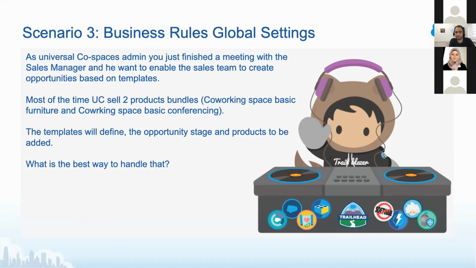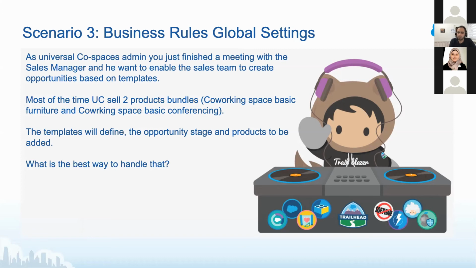And you, as an admin in that company, just finished a meeting with the sales manager, and he wants to enable his sales team to create opportunities based on templates. What does that mean? Most of the time, they sell two kinds of product bundles, either co-working space basic furniture, I mean, or co-working space basic conferencing tools for conferencing and so on.